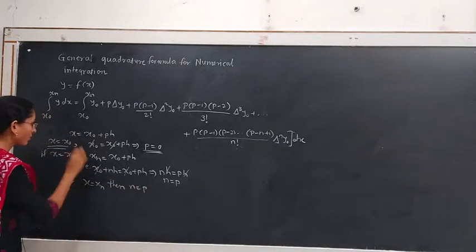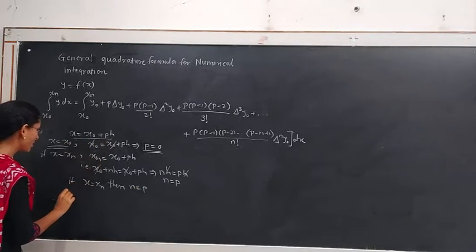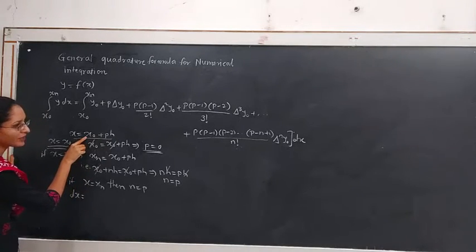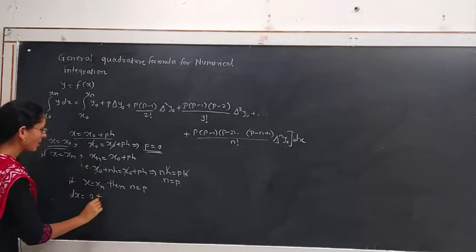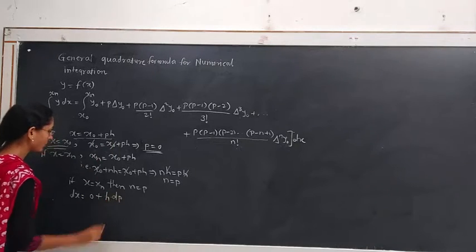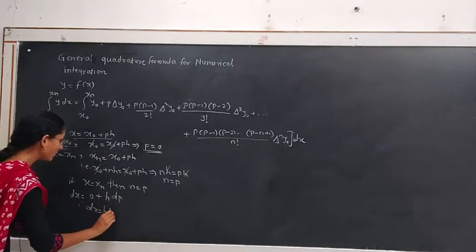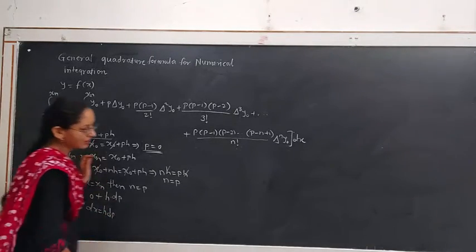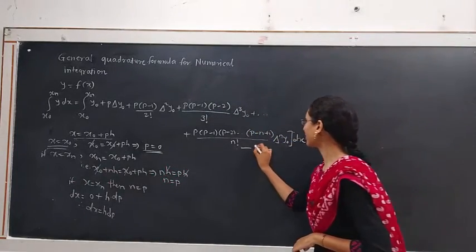Also, by taking the derivative of this equation, we get dx is equal to the derivative of x0, which is 0, plus h, which is constant, into dp. Therefore, dx is equal to h into dp. Using all these values in this equation, suppose this is equation number 1.